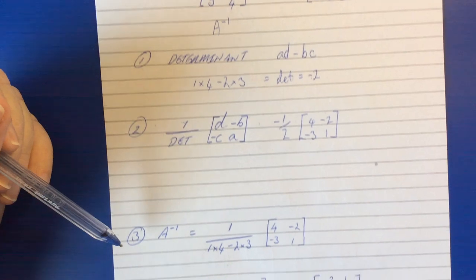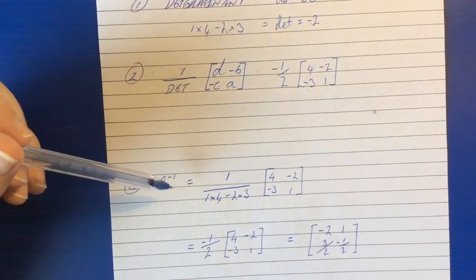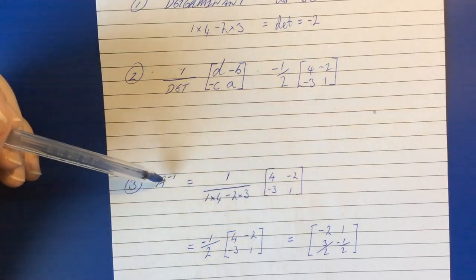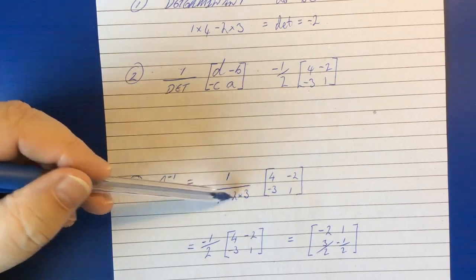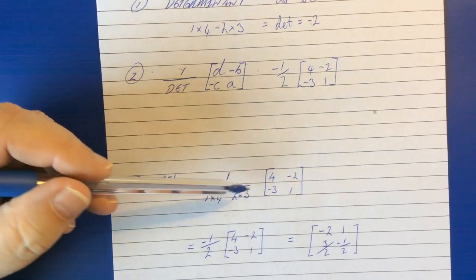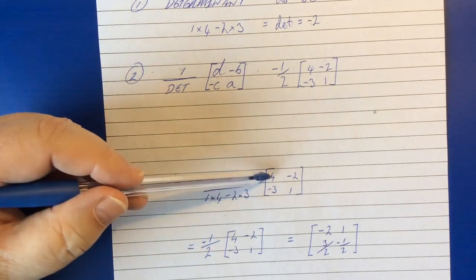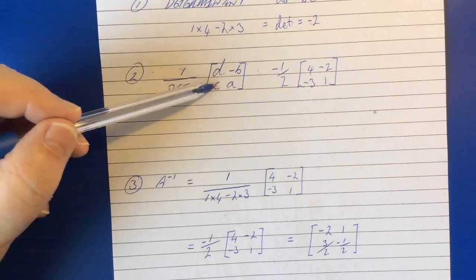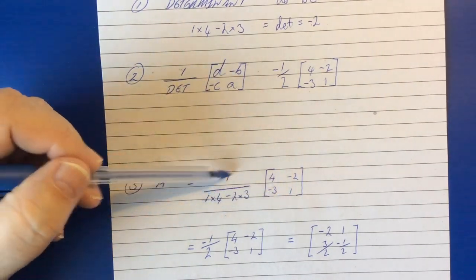The third step, I guess, is to work it all out, and I've done that here. So this is everything worked out in full. So the inverse of A is 1 over the determinant, so you can see all of the values there. That creates a scalar, which is -1/2, and we multiply this rearranged matrix, the D, -B, -C, A matrix. We multiply this by the scalar.